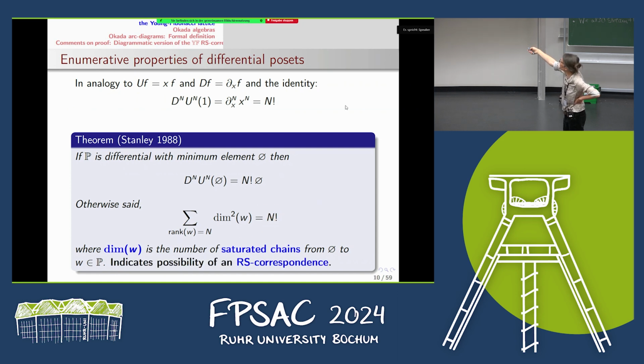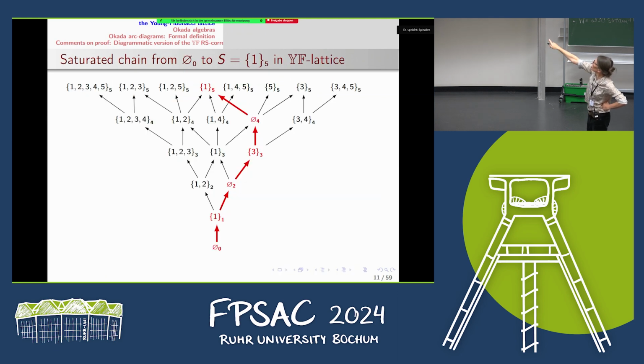And this is indicative of the possibility that there could be a Robinson-Schensted correspondence. By that I mean a bijection between pairs of saturated chains ending at a common point and permutations. Just to be clear, by saturated chain I mean a path starting at the bottom and going up to whatever element we're interested in.